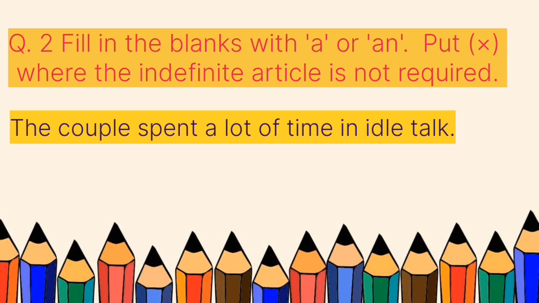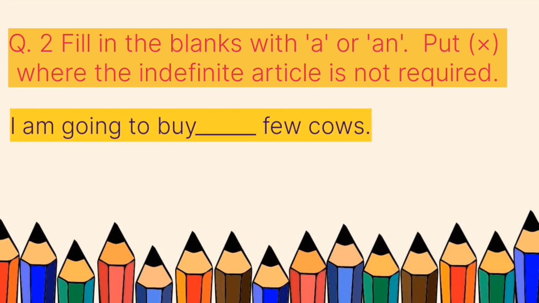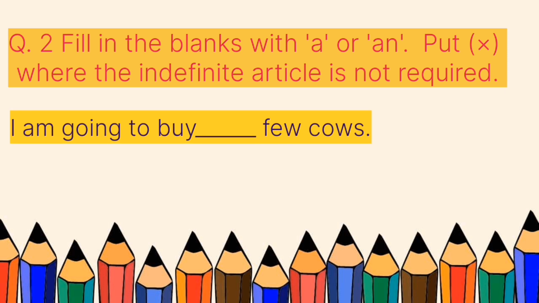Next example: I am going to buy dash few cows. The answer is: I am going to buy a few cows. Article a is appropriate as few cows begins with a consonant sound F.